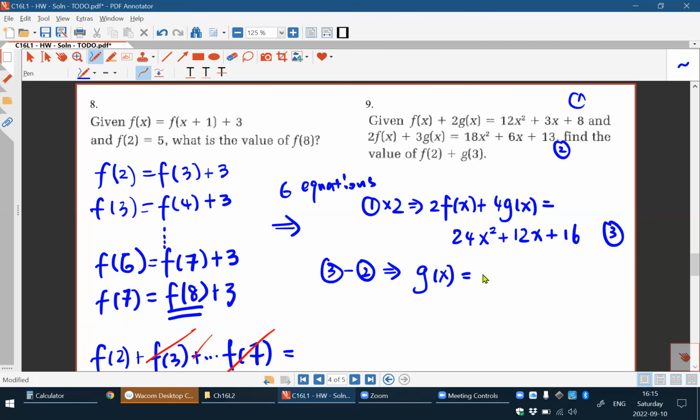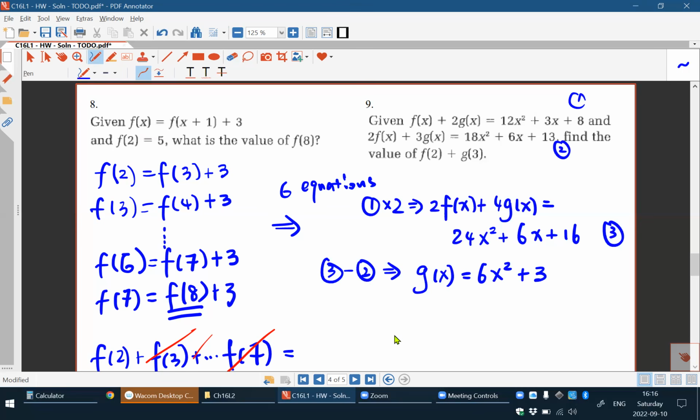The right side is 6x² plus... Hmm, no, this should be 6x², plus 3, right? Am I correct? Yeah.